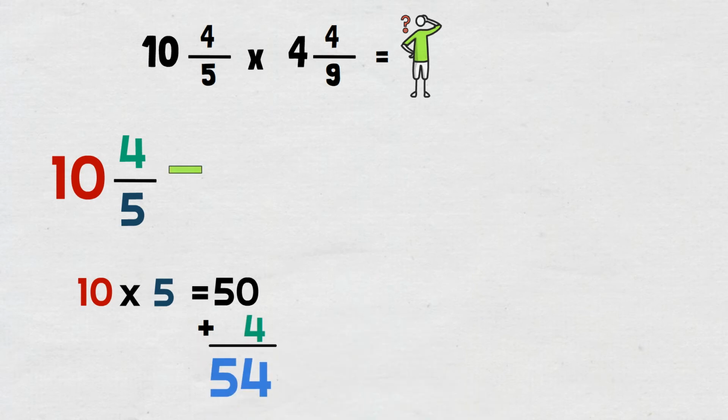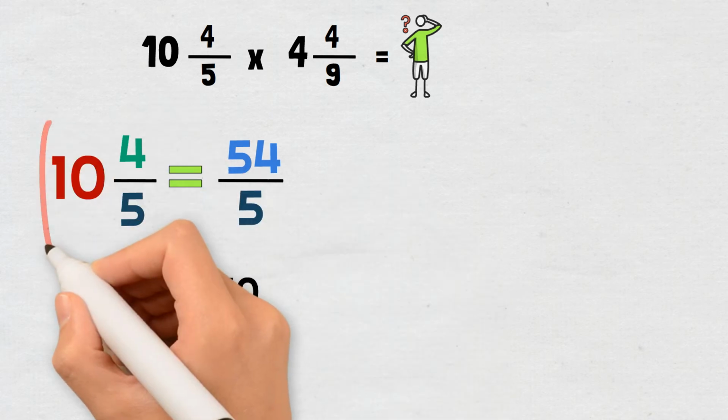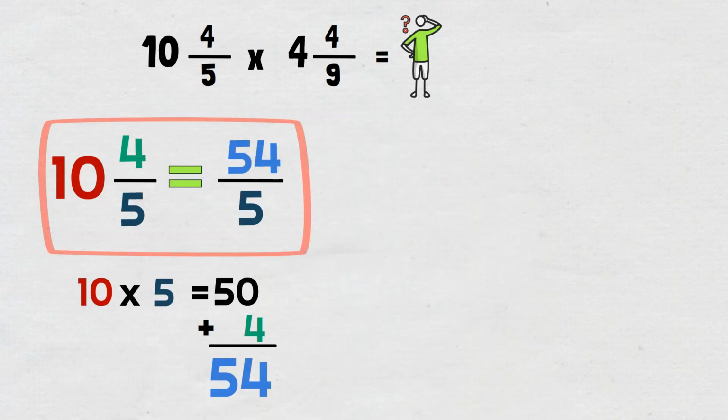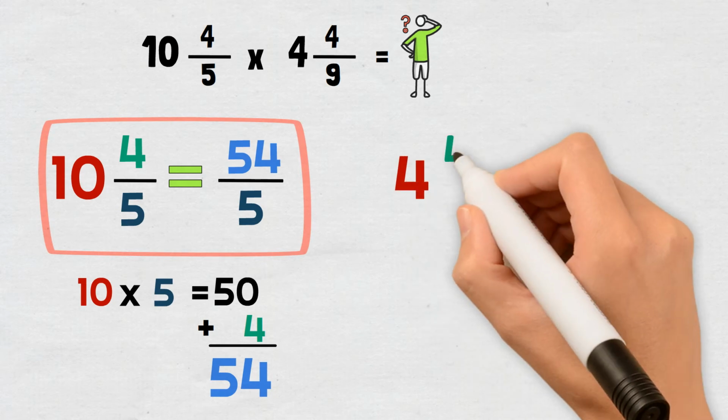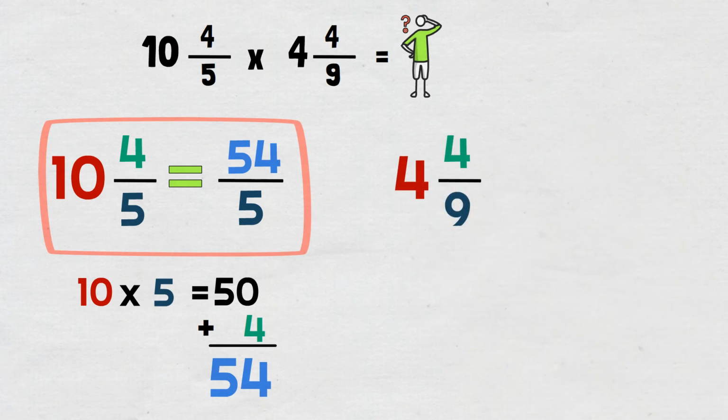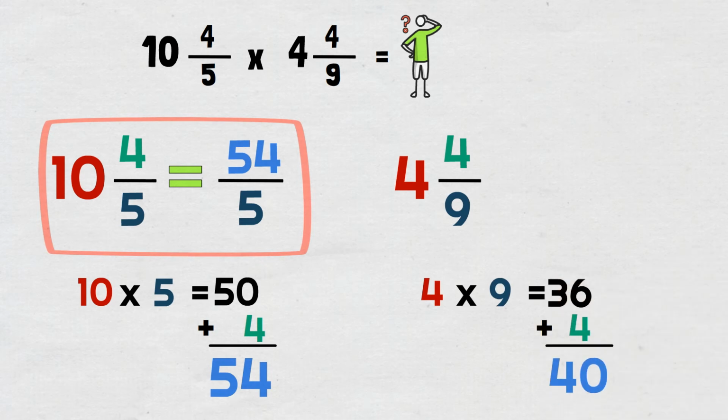Finally, we use 54 as a new numerator over the original denominator 5, and we get 54 over 5. The second mixed number converted into improper fraction form is 40 over 9. We came up with it by multiplying 4 by 9 and then adding 4 to get the new numerator while keeping the original denominator unchanged.